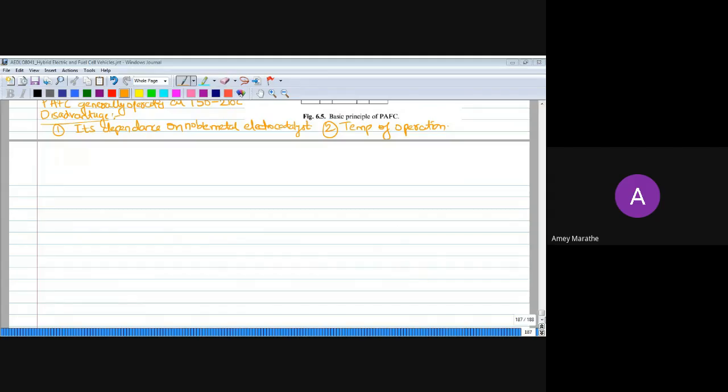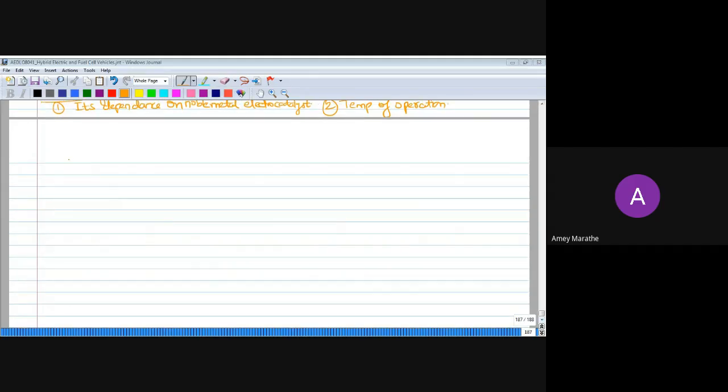Now let us talk about the second type of fuel cell, which is alkaline fuel cells. Let me check if I have the picture for the alkaline fuel cell.